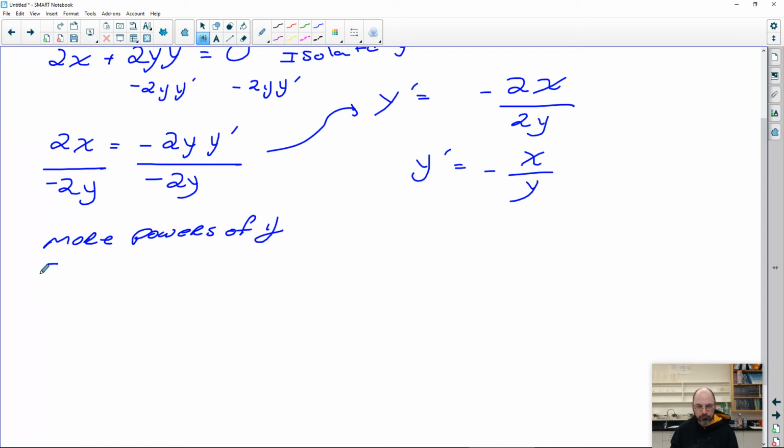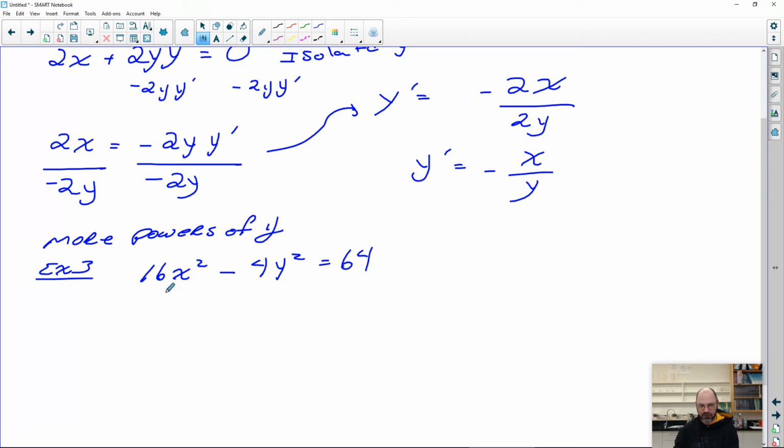Okay, so let's say we had a hyperbola there. So we had 16x squared minus 4y squared equal to 64. Okay, so we want to get the derivative of this.